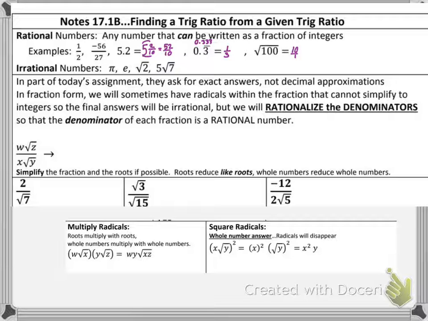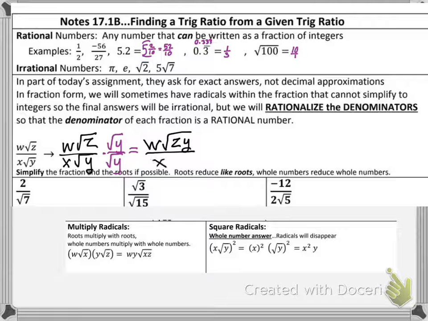Here's a really rough example with letters. If I have w root z over x root y, I don't have a problem with the radical on the top. I have a problem with the radical on the bottom. So I'm going to multiply the top and bottom by the radical I'm trying to get rid of. The top of this is now w outside the square root, and the z and the y come together inside the same radical.